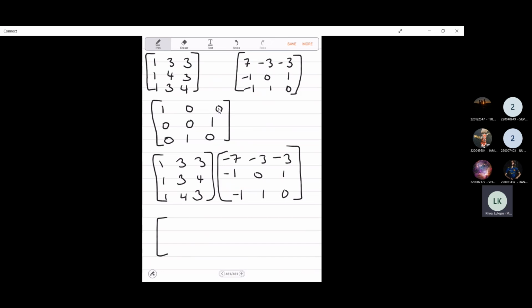So I will still get 1, 0, 0 because the first row and the first column haven't changed. Then this times that is 1 times minus 7, which is minus 7.